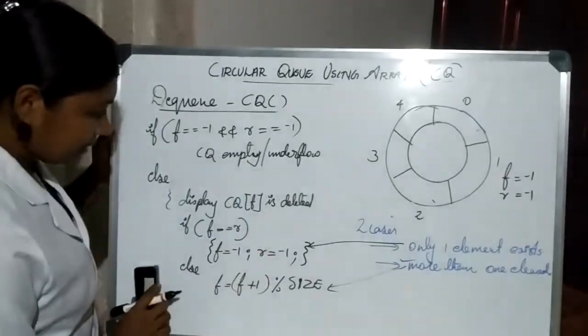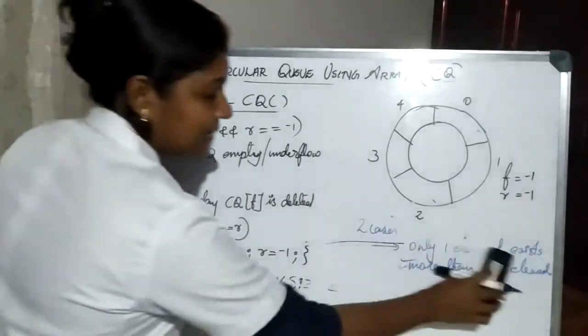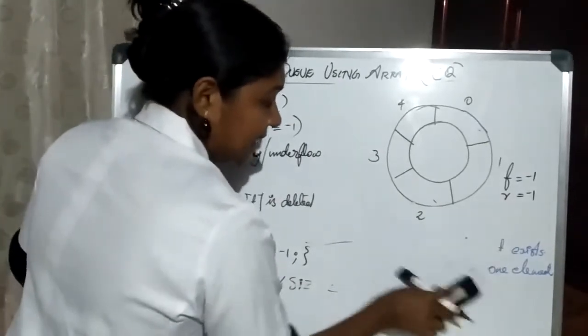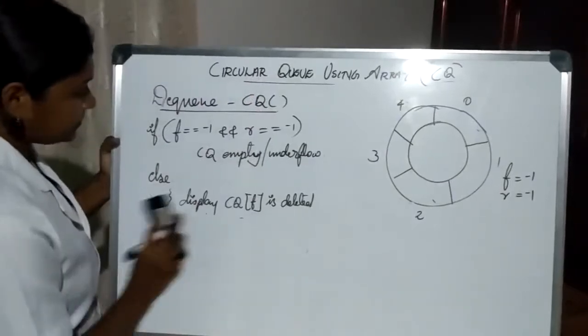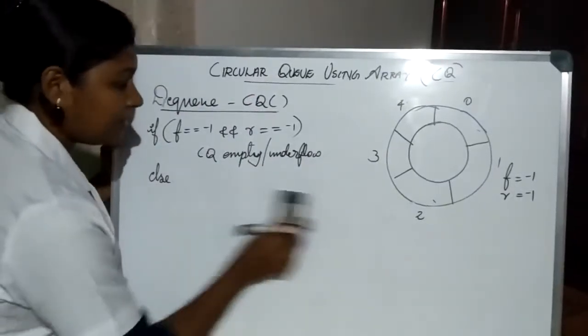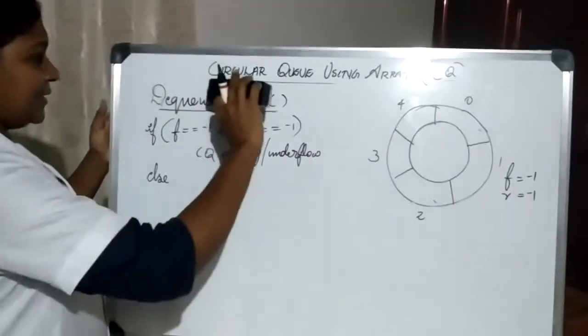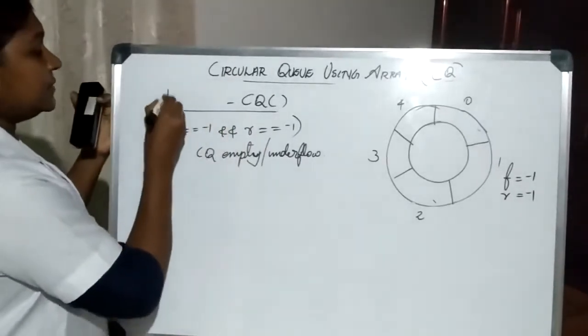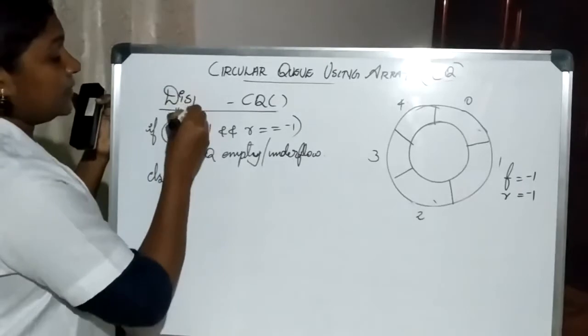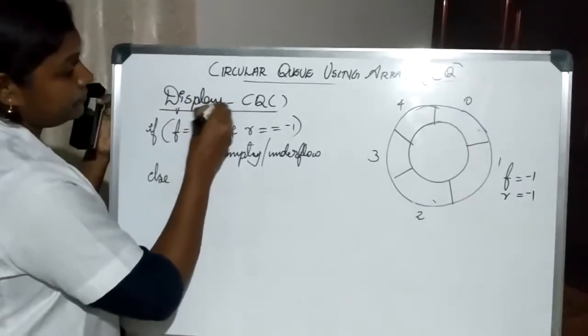Then the next one is our display operation. I think we can explain it along with the DQ itself, because all these codes are almost similar. We need to change only the function name. So, display.